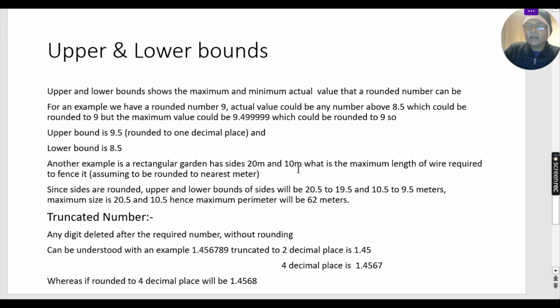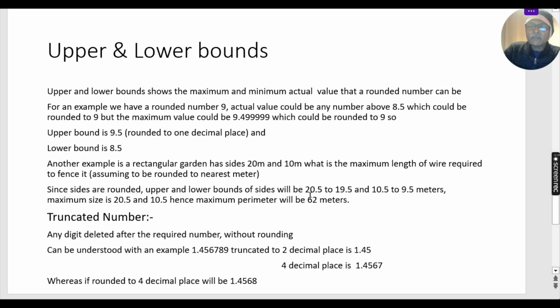Similarly for 10 it is 10.5. So the actual size of my garden could be 20.5 on one side and 10.5 on the other side. When we calculate the perimeter, it makes 62 meters. Got it?